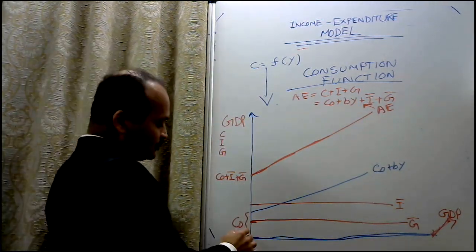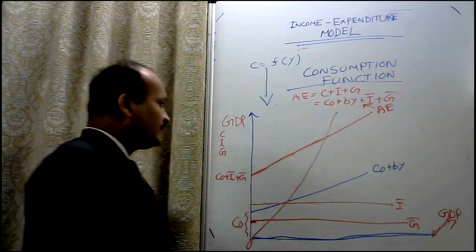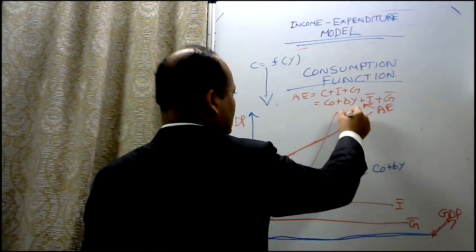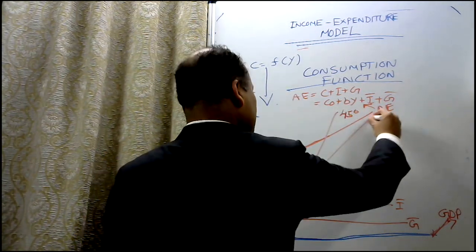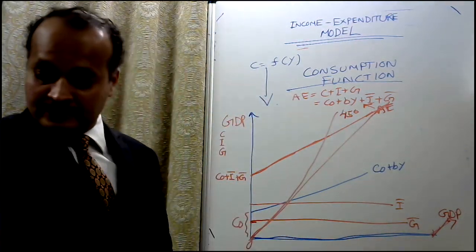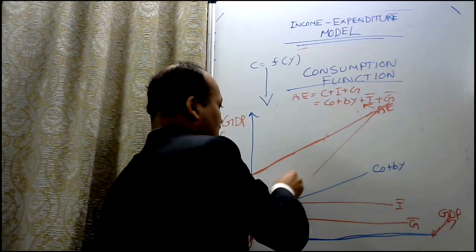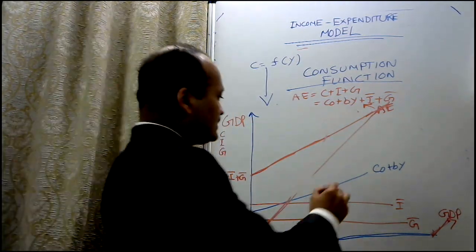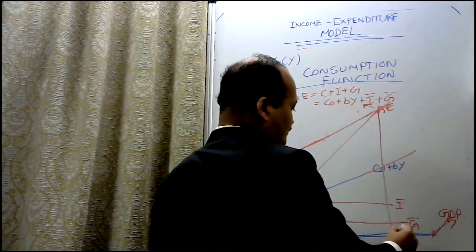Now let us plot the 45-degree line. Okay, suppose this is the 45-degree line. Actually this is not 45 degree, this would be a 45 degree. Okay, so if this is the 45-degree line, I will find the intersection takes place at a point like this.